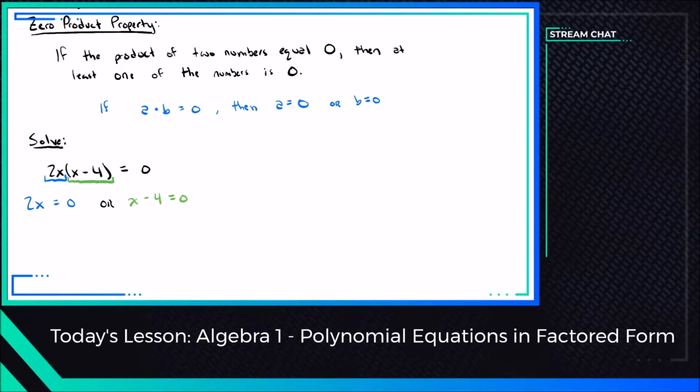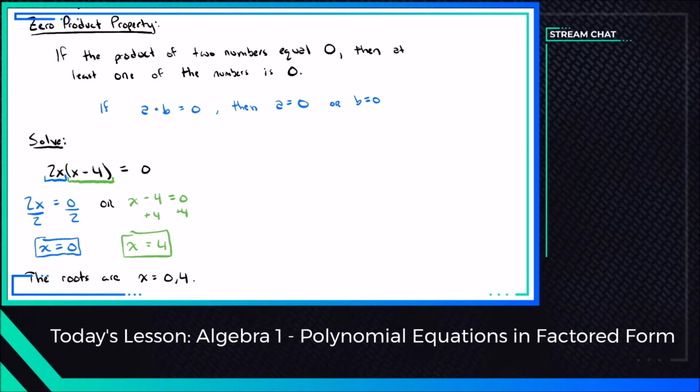In the first case, we divide both sides by 2 to get x is equal to 0. In the second case, we add 4 to both sides to get x is equal to 4. And so in this first problem, x is equal to both 0 and 4, and what we call these are the roots. So the roots are x is equal to 0 and 4.